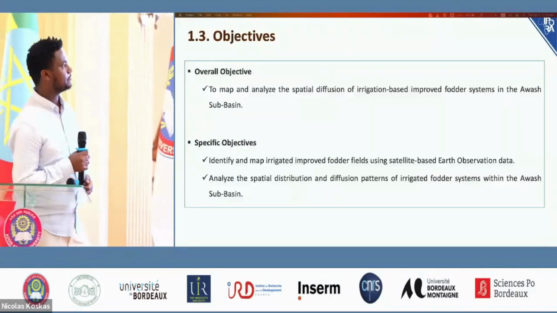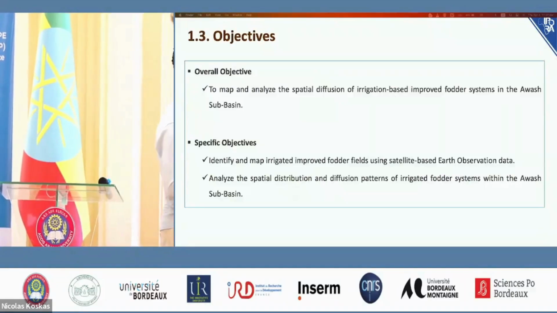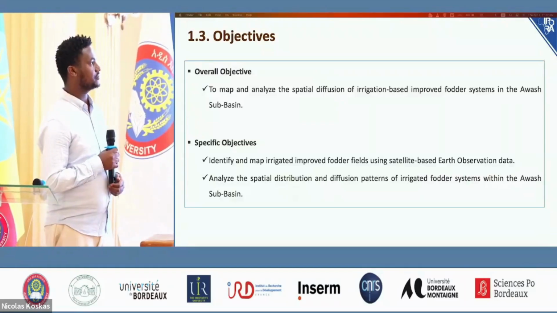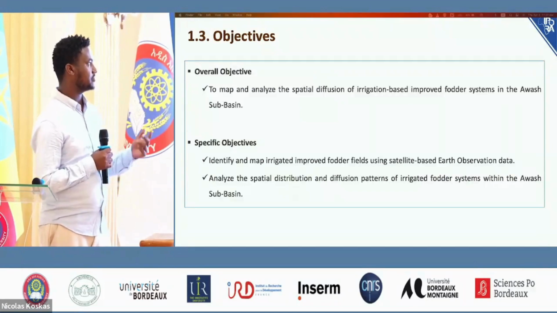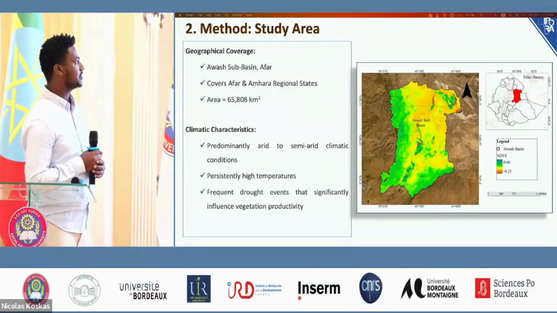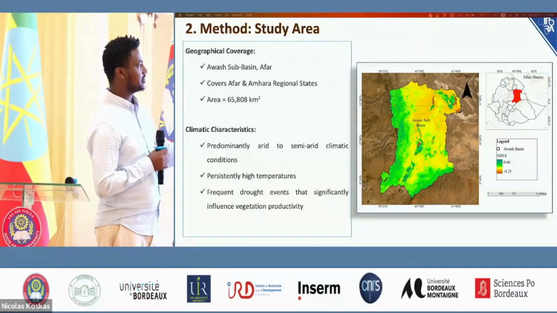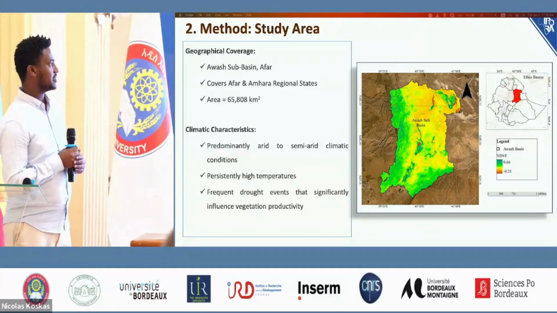Okay, next. As I explained, in order to solve this problem, the objective is to map and analyze the spatial diffusion of irrigation-based improved forage systems in some basins using remote sensing and machine learning algorithms. This is the study area, which spans the Amhara regional state and Afar.